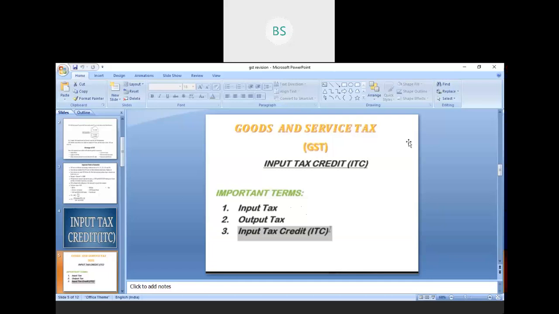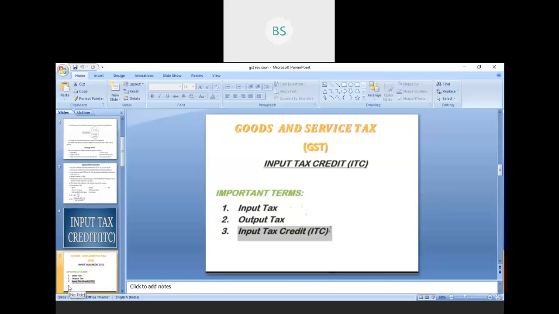Any doubt on input tax? Clear about input tax? When a retailer buys something from a wholesaler, he pays tax on it. So that is called what? Input tax. Now we'll come to output tax.